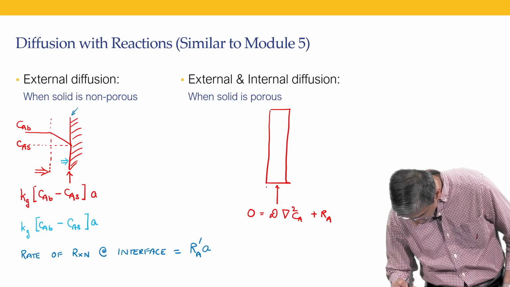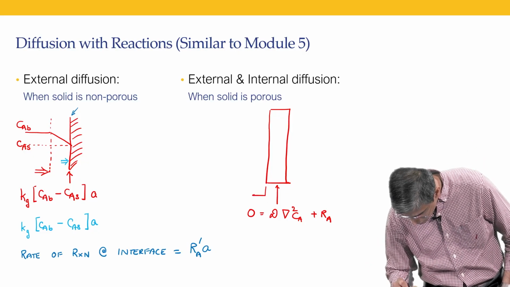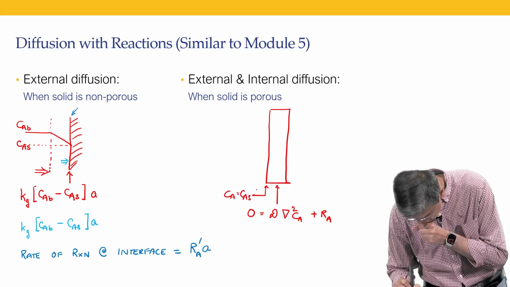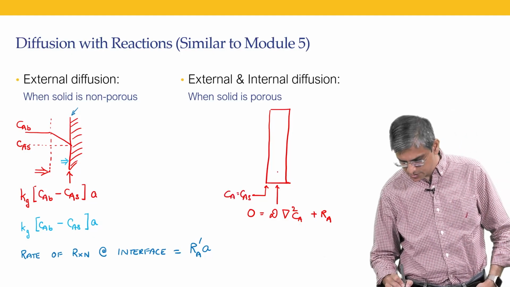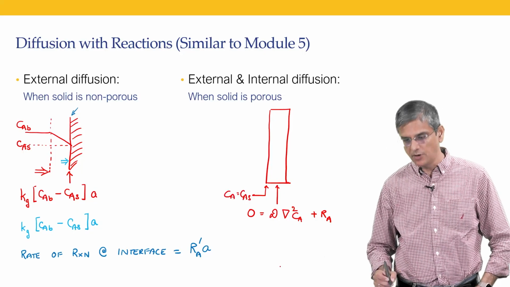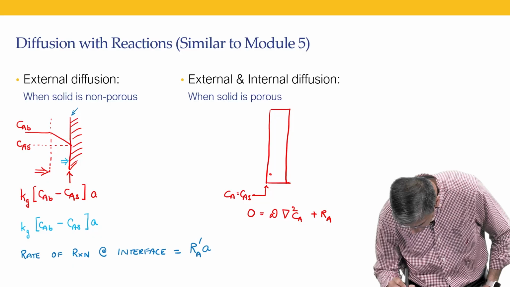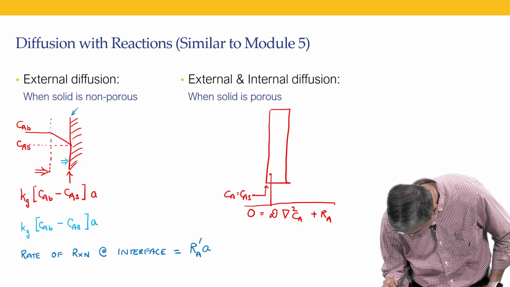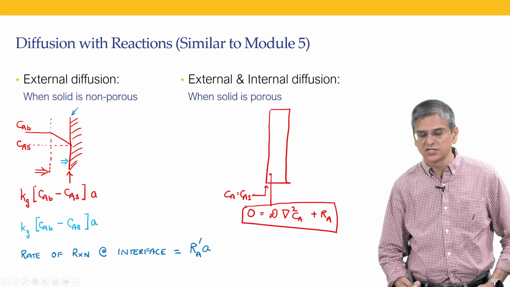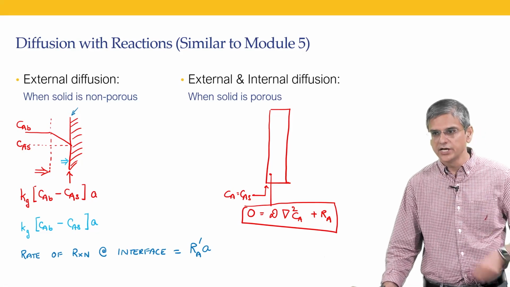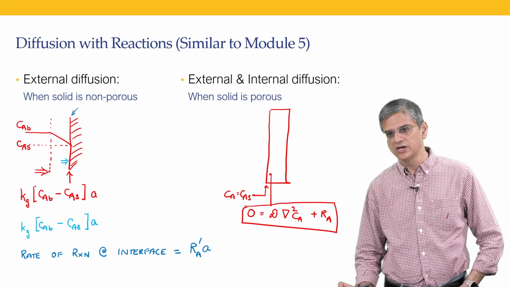With the boundary condition that we used was CAs at this point, and at the center the boundary condition that we have used is del CA equal to 0. Okay, with these boundary conditions we have solved the problem.